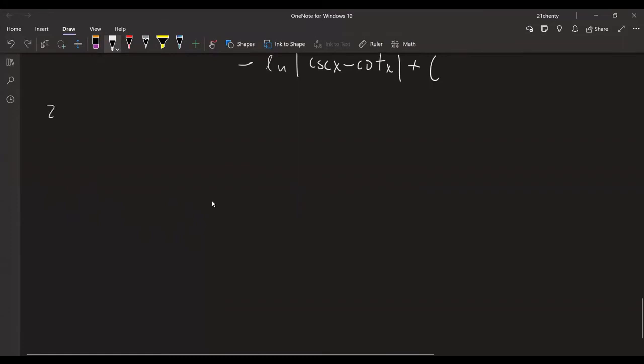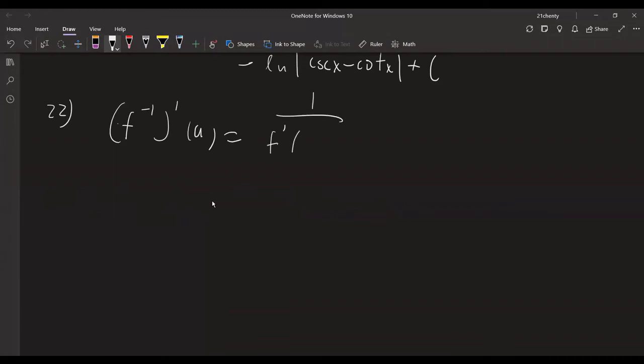Now 22. We're finding the derivative of the inverse function at a. Okay, that's not the derivative of the inverse, there. So inverse function derivative at a equals 1 over f prime of the inverse of f of x.